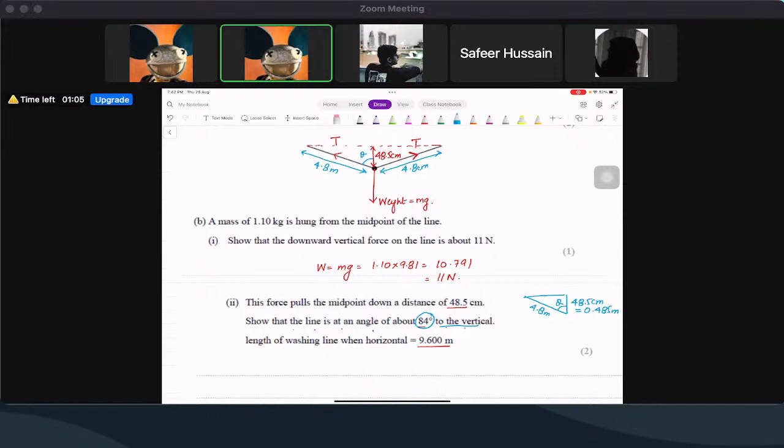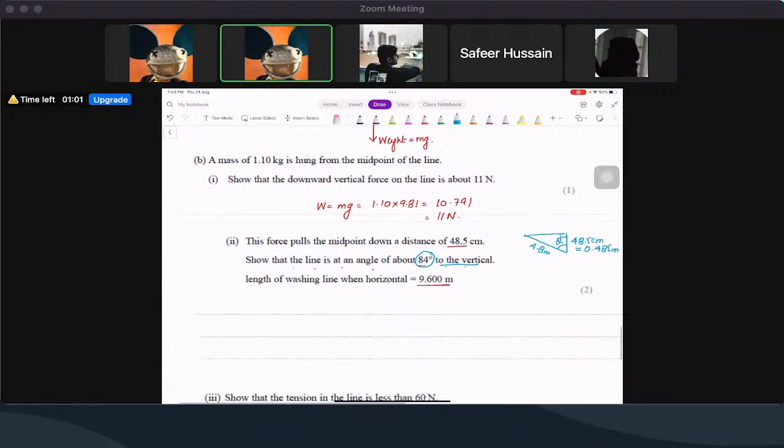And this is 90 degrees. So we can simply use cos theta equals adjacent over hypotenuse. Adjacent is 0.485 and the hypotenuse is 4.8.